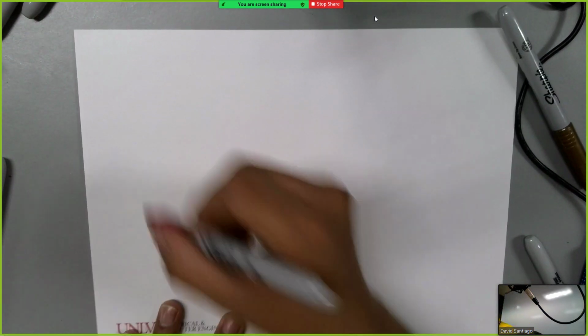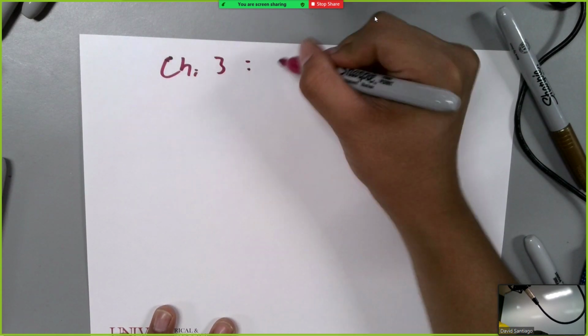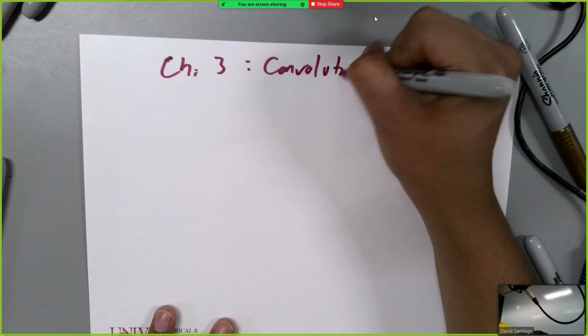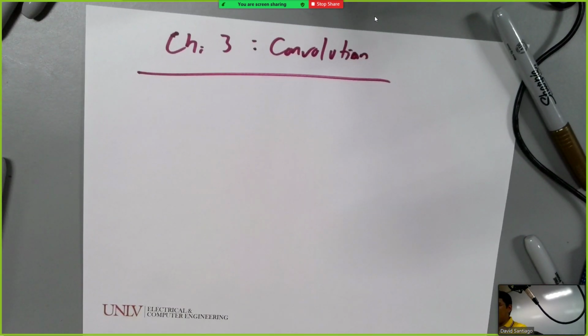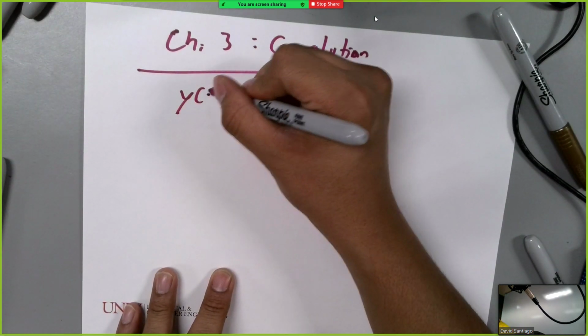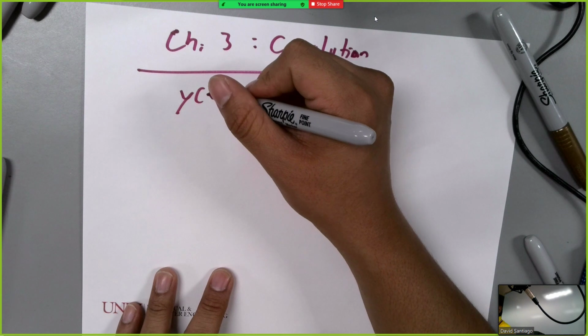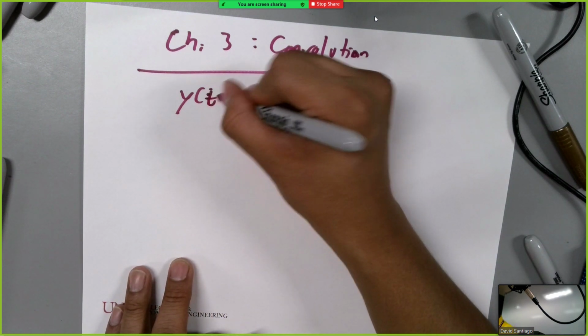All right, page 4. What was the next thing we talked about? Remember what we did for convolution? What was the bare definition? Let's put it in analog first.